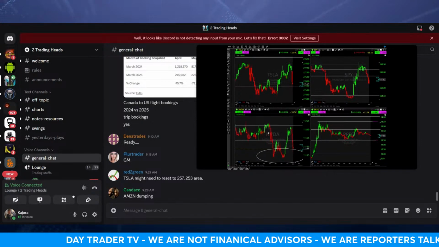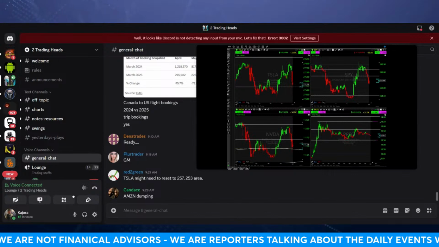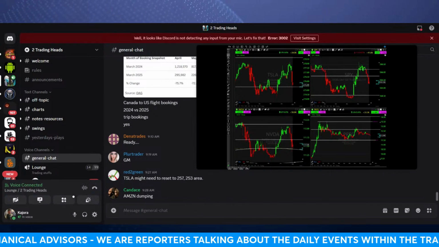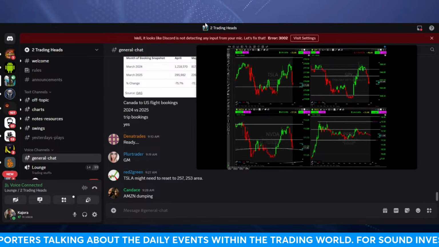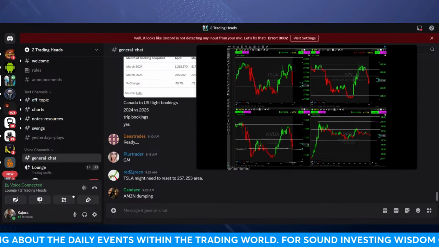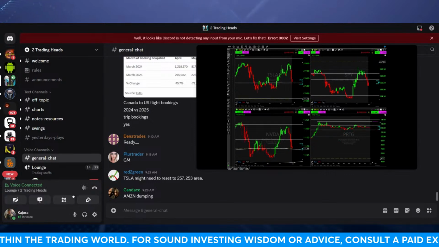So Nvidia is coming down to that bubble again, right? We're still holding that head and shoulder. Still not broken. Here we go.